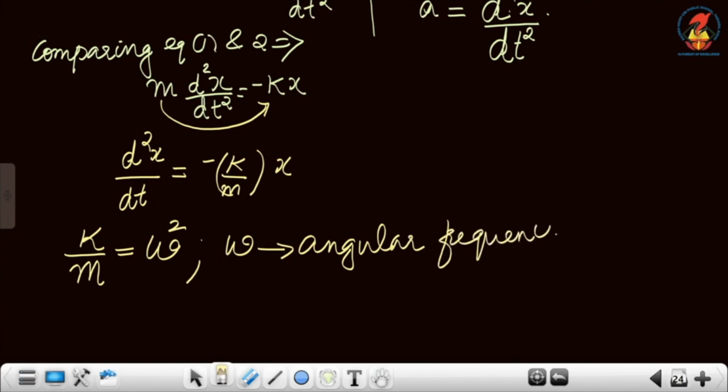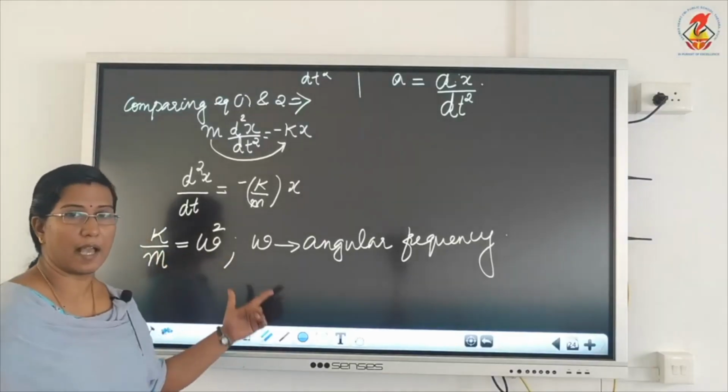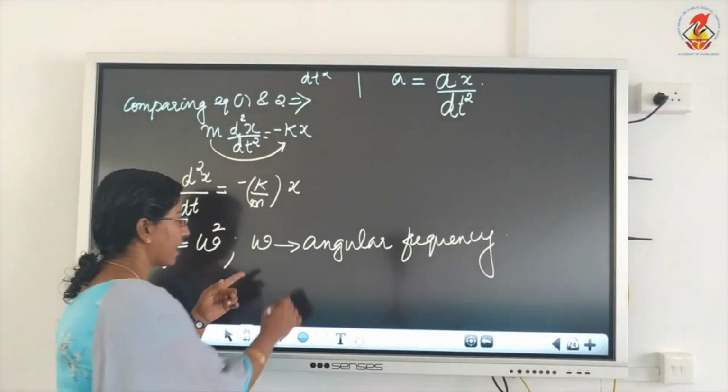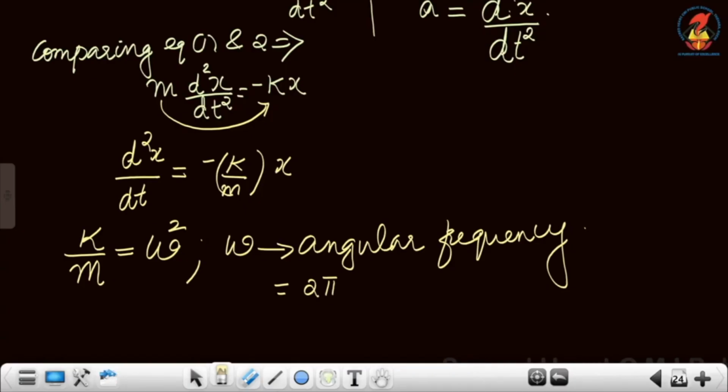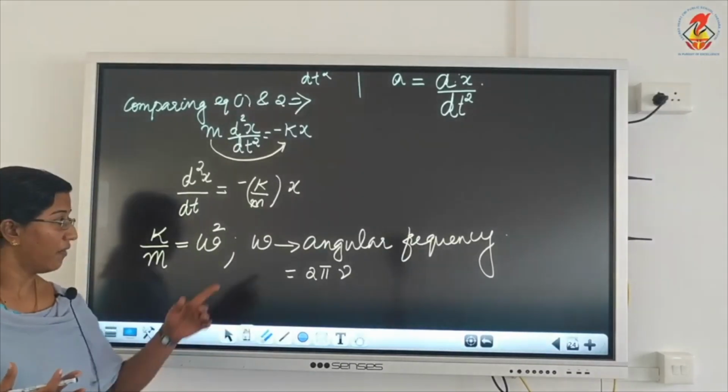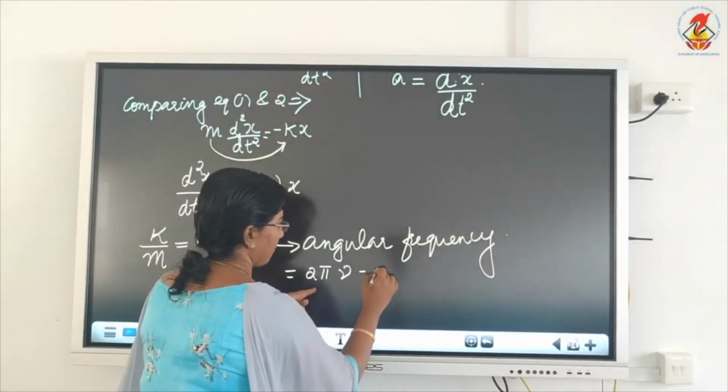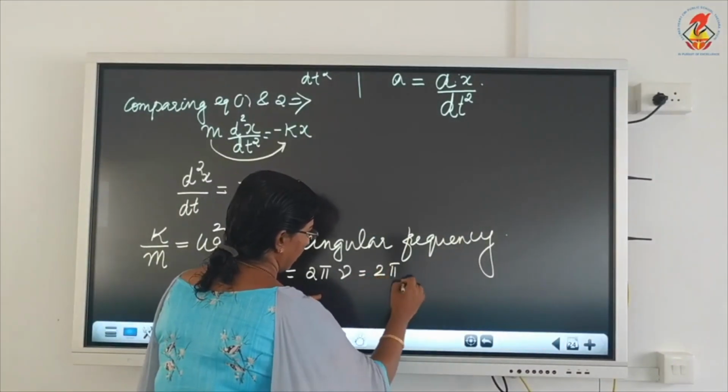So don't forget, in the case of SHM, we denote angular frequency using the alphabet omega, and it is 2 pi times the linear frequency, or 2 pi times the frequency of the object, which is also written as 2 pi divided by capital T.